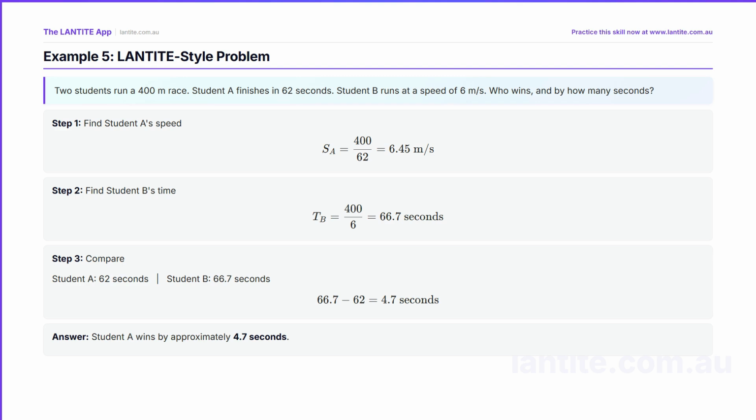But the question asks by how many seconds, so let's find student B's time. 400 divided by 6 equals 66.7 seconds. The difference is 66.7 minus 62, which is 4.7 seconds. Student A wins by approximately 4.7 seconds. Notice how we needed to calculate both speed and time to fully answer the question.